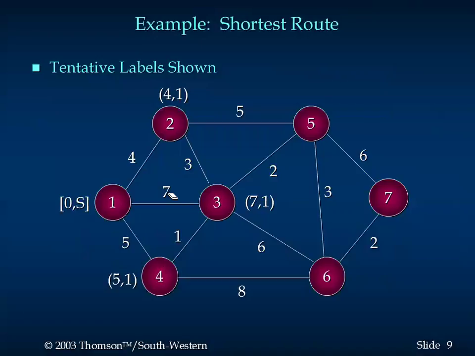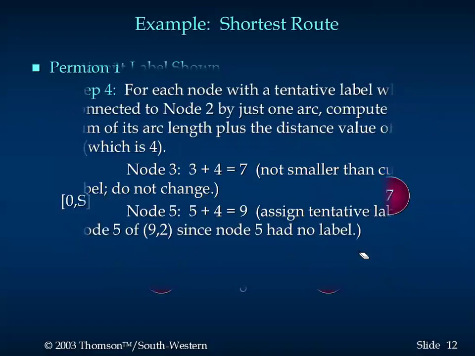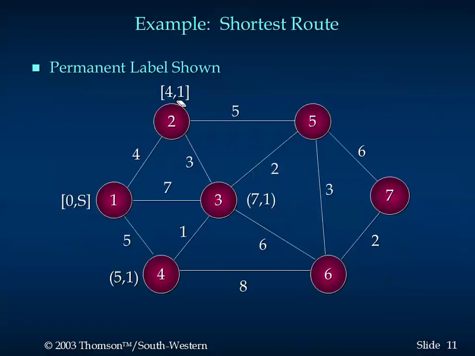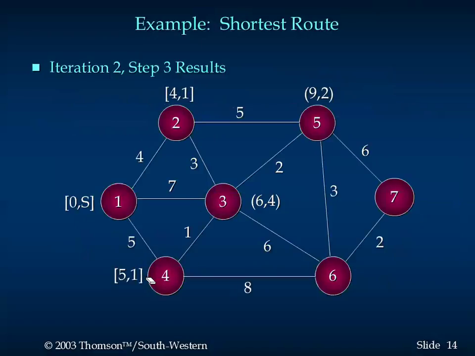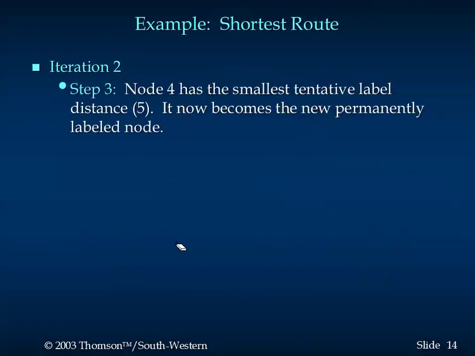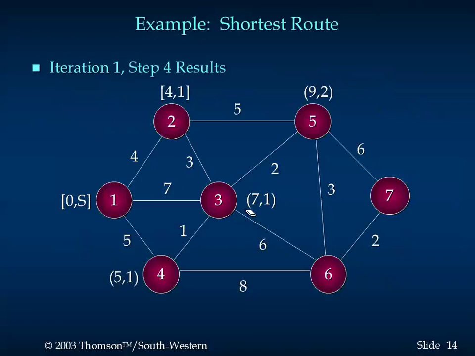And then when we update, if it decreases, then we take the preceding node from there and whatever the new current distance is. So for example, when we made 5, 1 permanent, 4, 1 became permanent. Now that 5, 1 is permanent, see, earlier it was 7, 1. That is direct from 1 to 3, right?